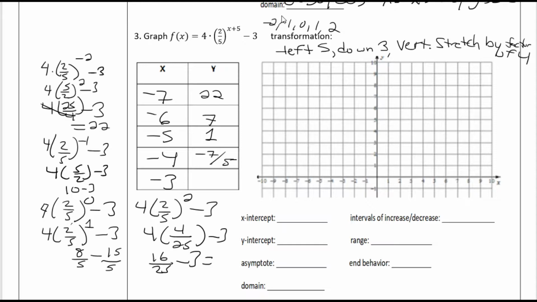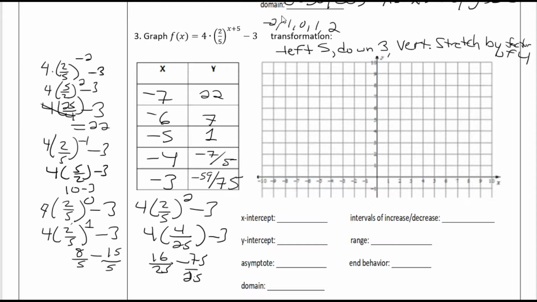If you were to do that on the calculator, or just do the math, you would get negative 59 over 75. And if you want to know how I did that, 3 is the same thing as 3 over 1, so I need to multiply by 25. So 3 times 25 is 75. So we get 75 over 25, and then 16 minus 75 is 59, negative. So that's how I got that.